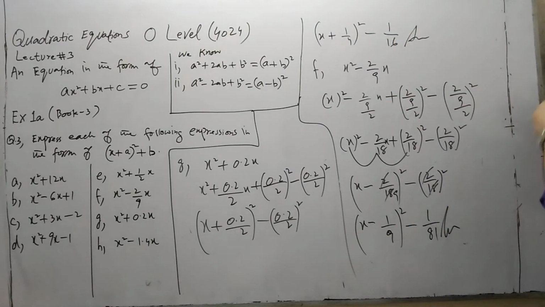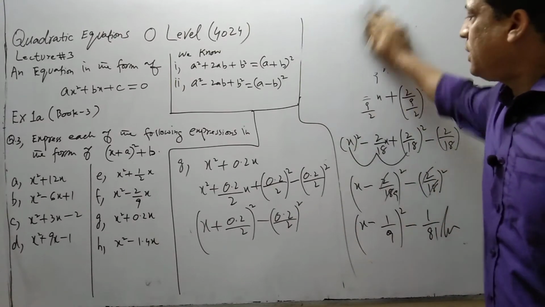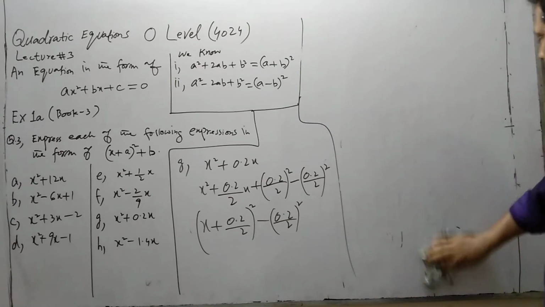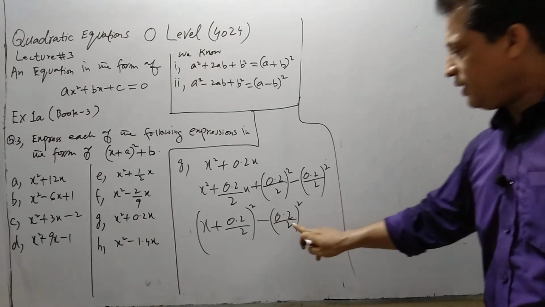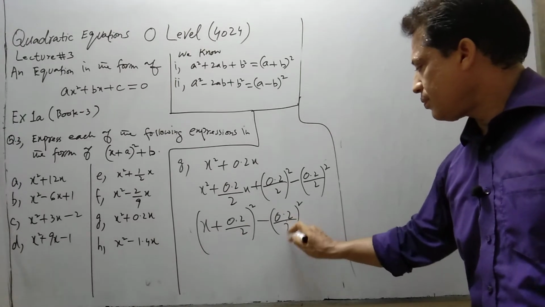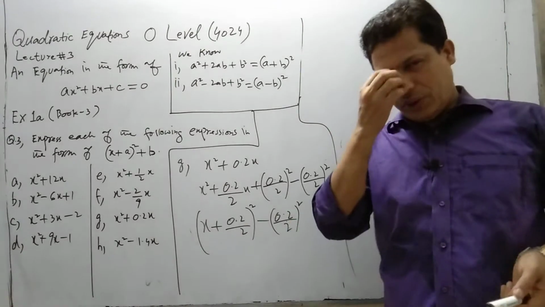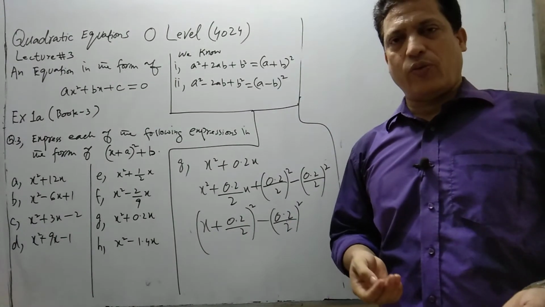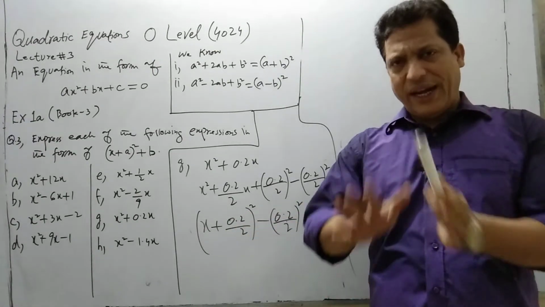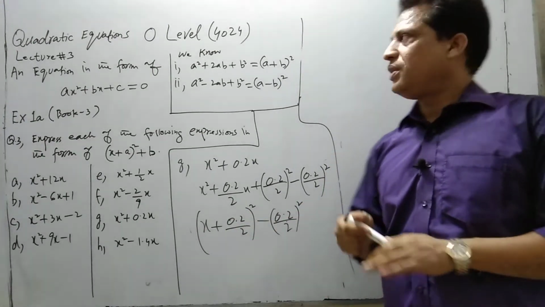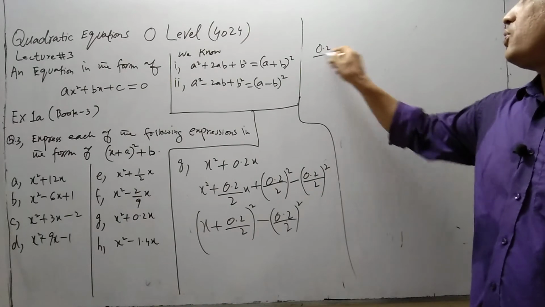Actually, we have converted our question in required form, but this 0.2 upon 2, if I simplify it, it will be better to write the answer in simplified form. So what is 0.2 upon 2?